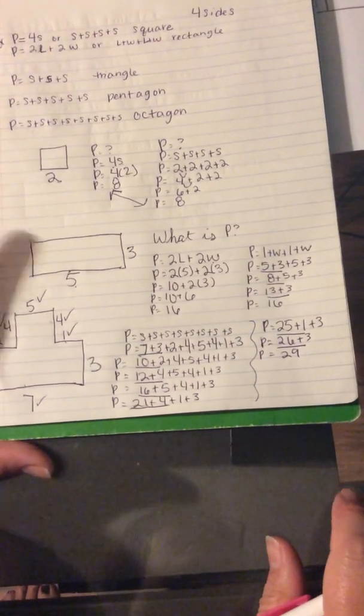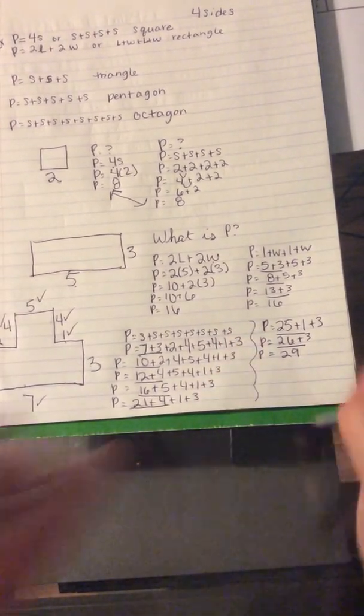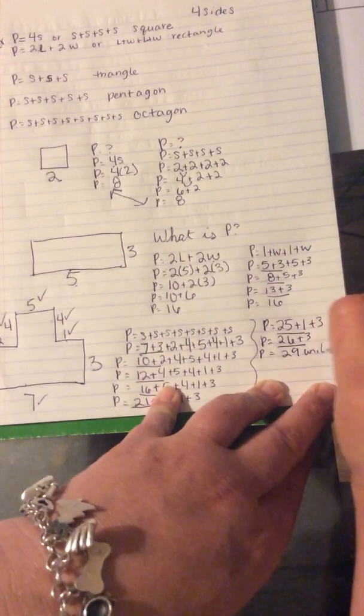So my perimeter for that octagon was 29. And it would just be 29 units.